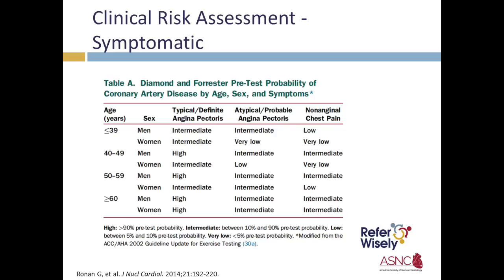That is, assessment of chest pain by age, gender, and nature of the chest pain, which is typical angina, atypical or probable angina, or non-anginal chest pain. And in this case, this woman fits into the intermediate to high category, the bottom line, depending on whether you call her typical angina or atypical angina, but certainly at significantly increased risk for having coronary artery disease.